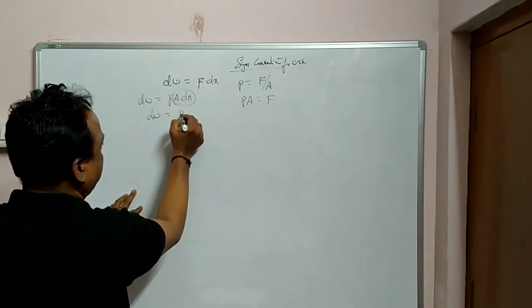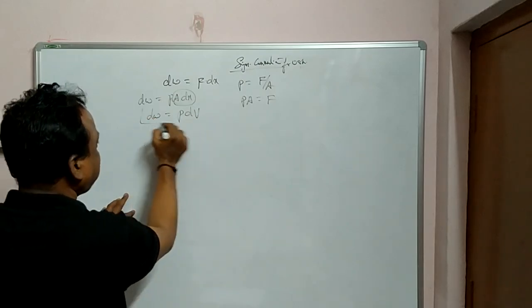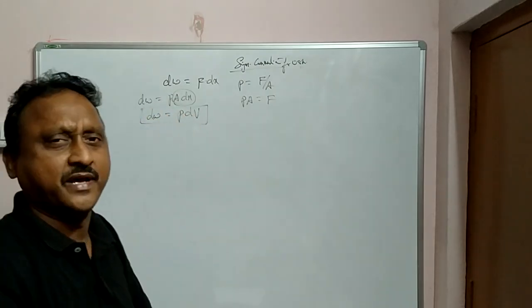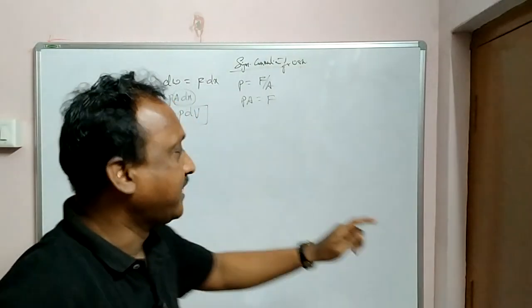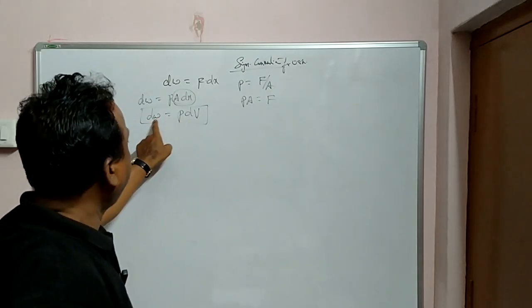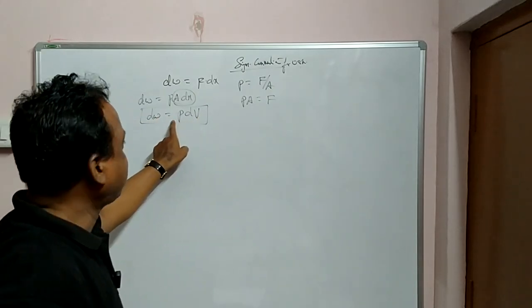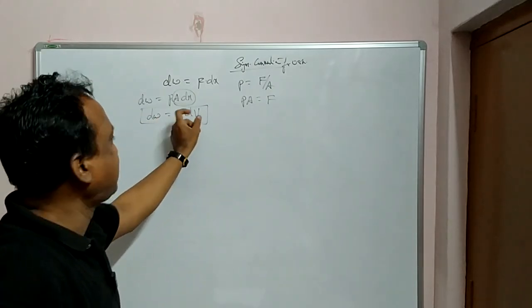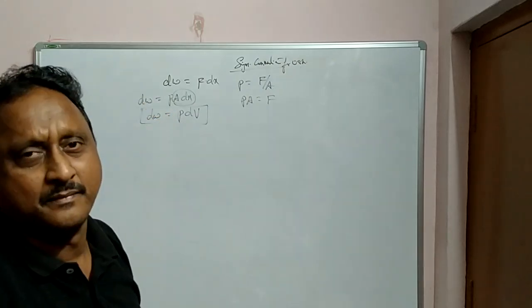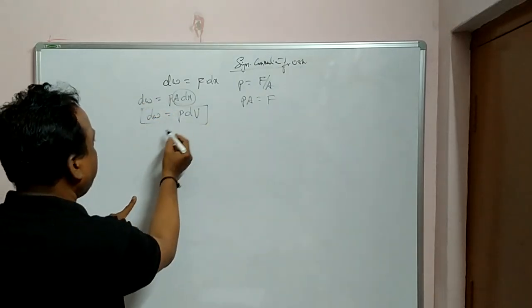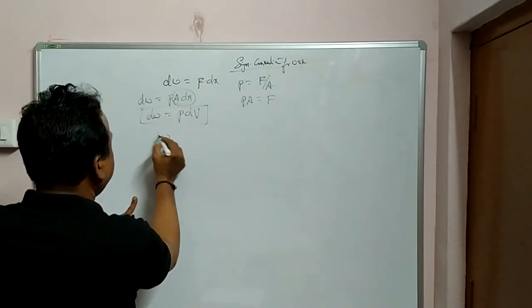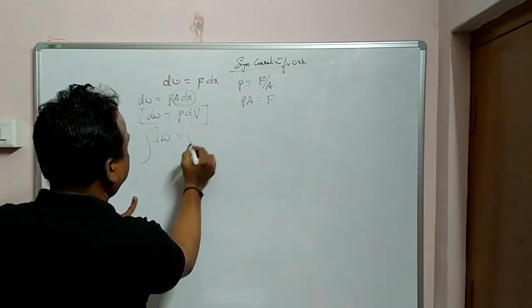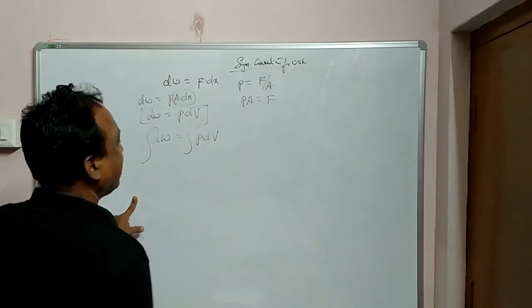Therefore dW is equal to PdV. In future in this chapter, whenever work done is taken, we will use this formula, where dV is change in volume and P is pressure. If pressure is constant, then if you integrate PdV, you will get the work done.